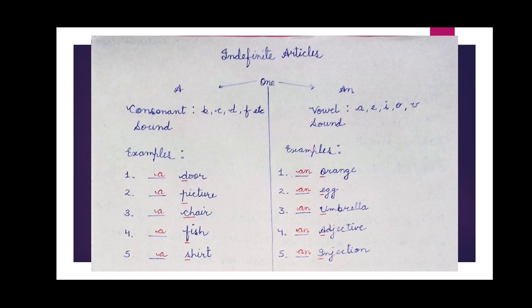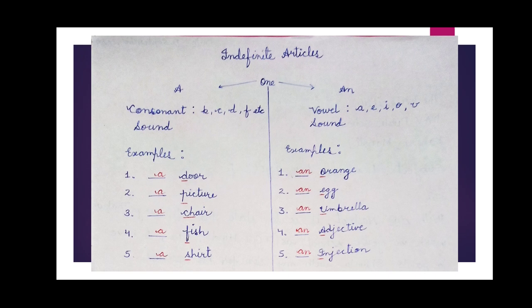Students, you have to remember that with a consonant sound, we use a. And which are consonant sounds? A word that starts with a sound like B, C, D, F, H, etc. And vowels.